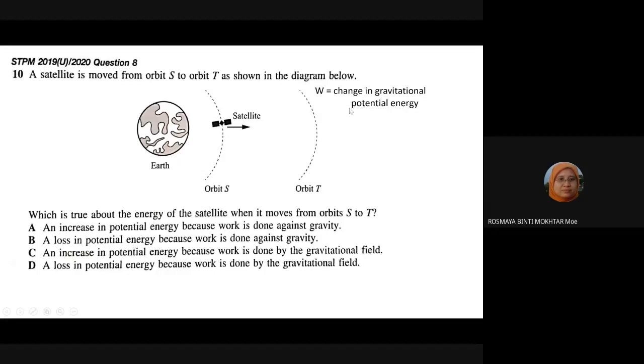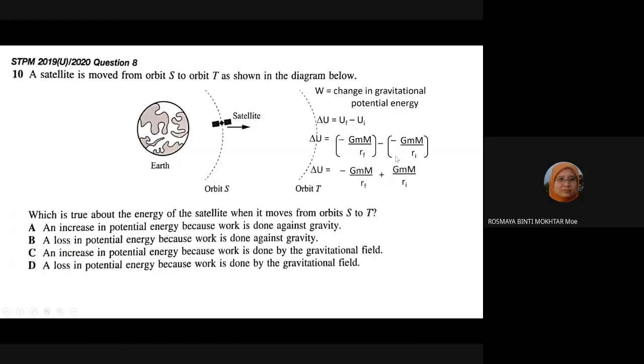So it is U final minus U initial. Substitute the values of U. The U formula is negative GMm per r. Put the negative sign together with the equation, and the r will be r final, and the r for initial will be r initial at S.